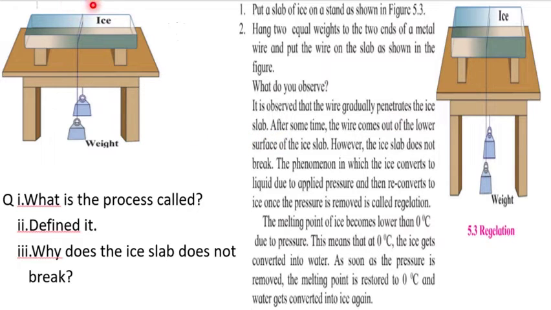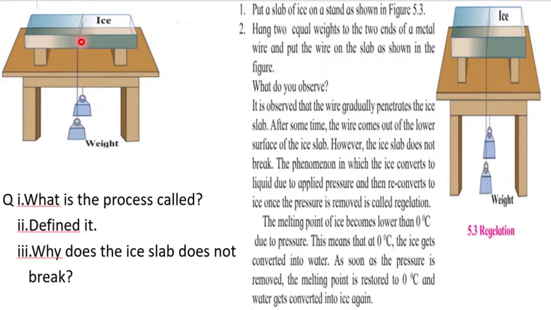As the wire starts penetrating into the ice slab, what happened? The melting point of the ice becomes lower than 0 degree Celsius due to the pressure. This means that below 0 degree Celsius, the ice gets converted into water.